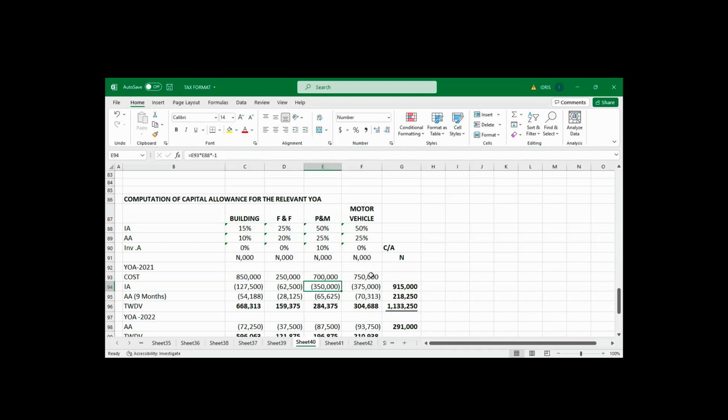For motor vehicle, 50% of the cost, 50% of 750, it will give you 375. At the end of the day, the total initial allowance is 915,000, which is 915 million.